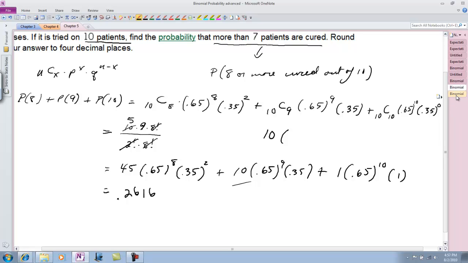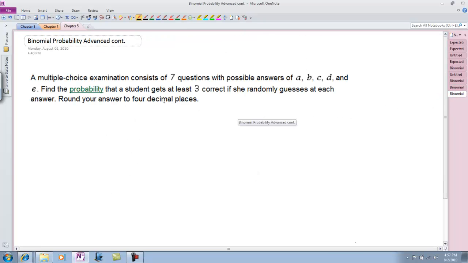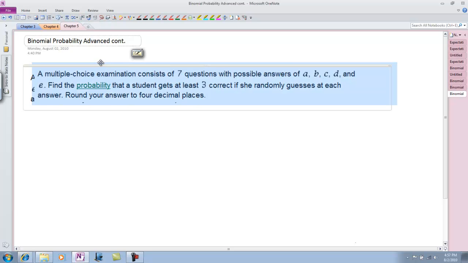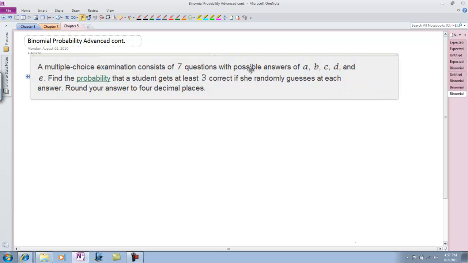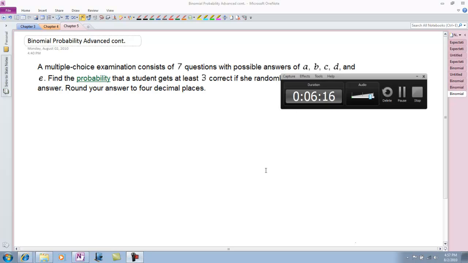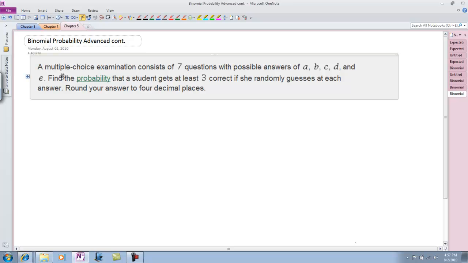Let's do another one. This one says, also from Alex, a multiple choice exam consists of 7 questions with possible answers A, B, C, D, and E. Let me check my time. Okay, we're okay for now. So 7 questions with 5 choices for each question.